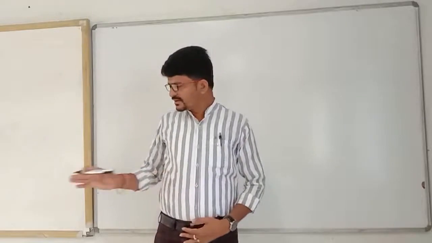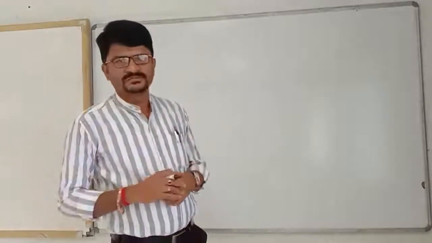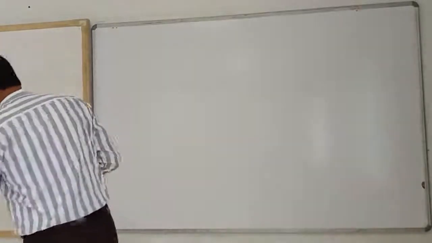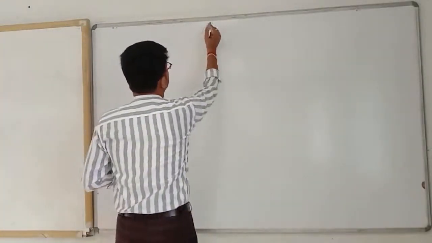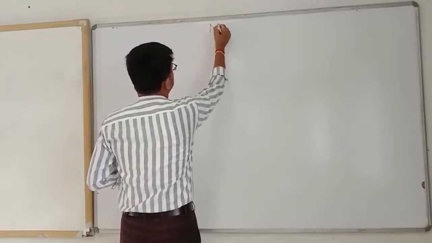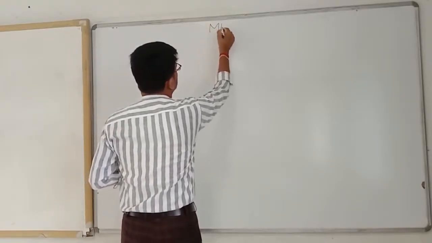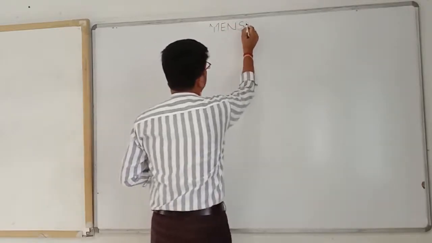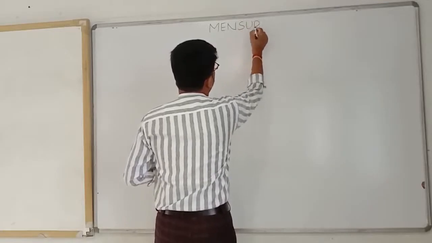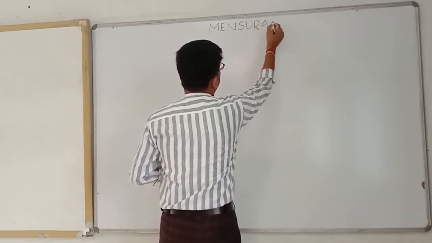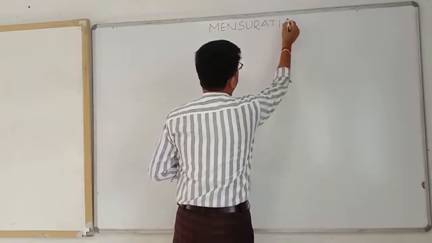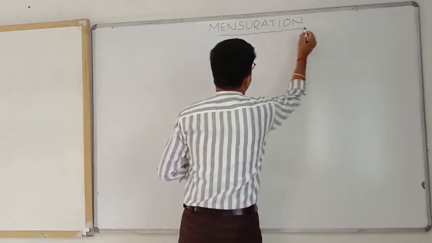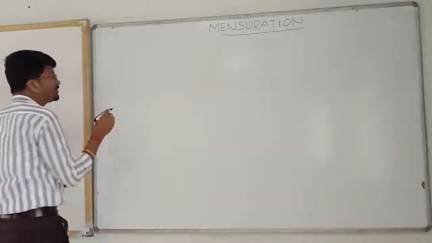For example, now let me explain one problem. What is this? Mensuration. Okay, area of irregular shapes.